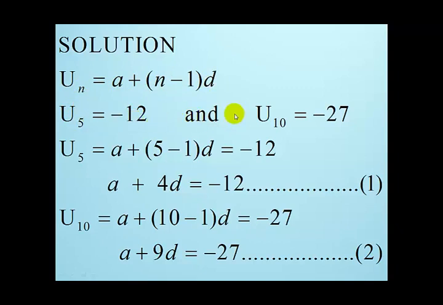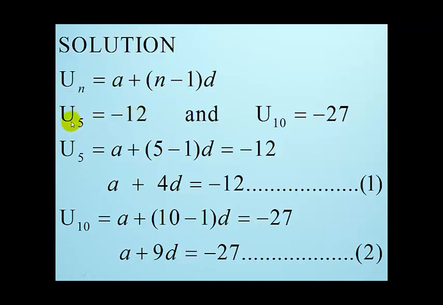And when n is equal to 10, the 10th term is equal to minus 27. So u10 is equal to minus 27 and u5 is equal to minus 12. That is from the question.